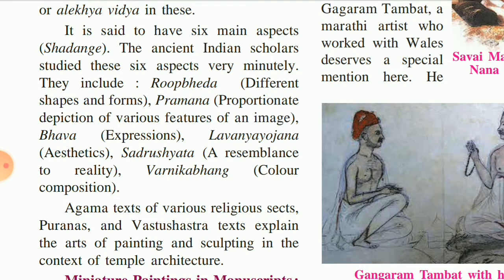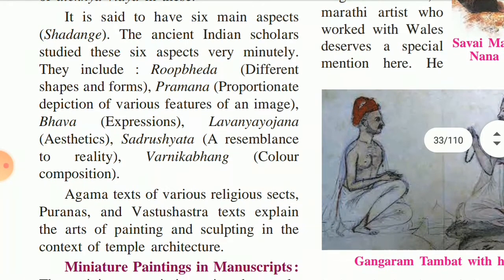It is not drawn with the proper proportion. I can say that is how small children draw. They don't have pramana because they are small. So any drawing which does not have pramana won't be considered as art. So pramana is important. The proportion of various aspects, features and images is important.